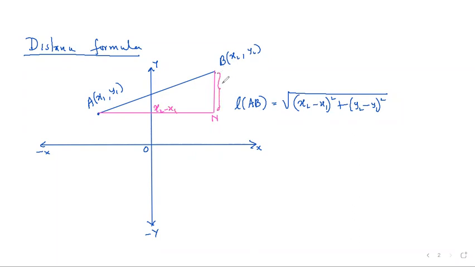This length BN is y2 minus y1. So Pythagoras theorem will give you AB, that is x2 minus x1 the whole square plus y2 minus y1 the whole square, root of it. Is it fine? Yes sir.